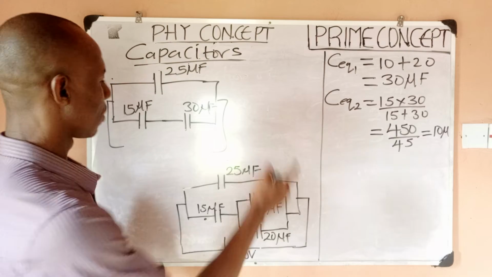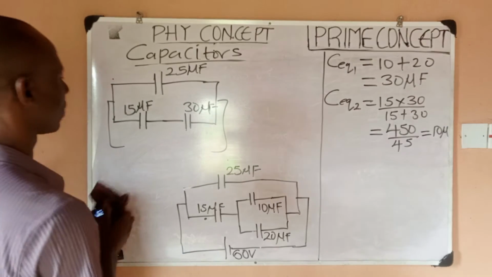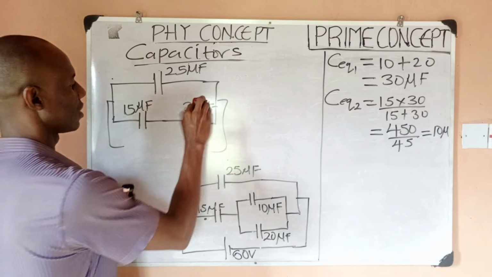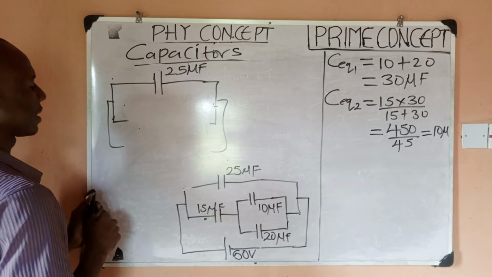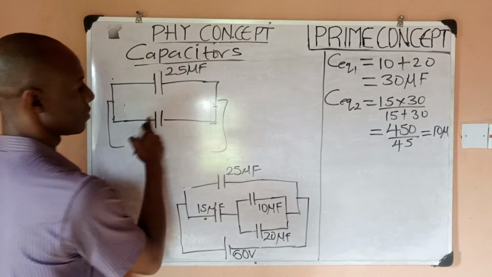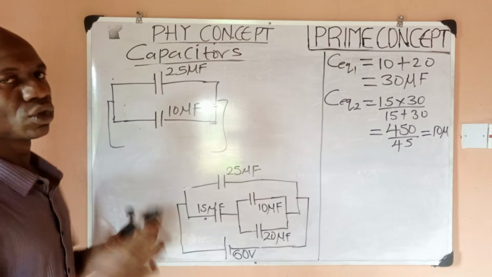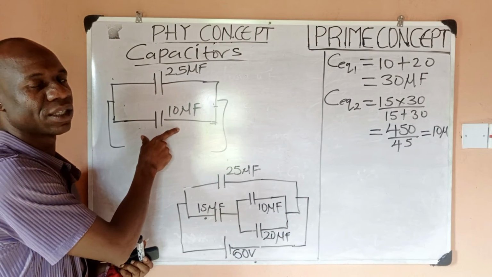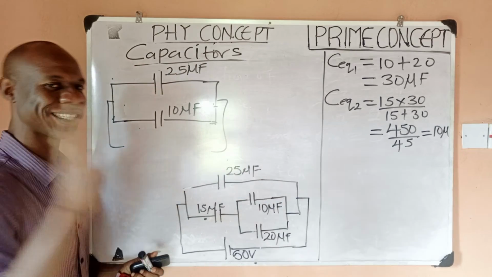Now I've gotten this, so I can redraw this circuit very quickly. These two capacitors have now become 1. So I'll then have just a single capacitance here, which has a value of 10 microfarad. Now you would notice again that this and this are arranged in what form? You are very correct, in parallel.